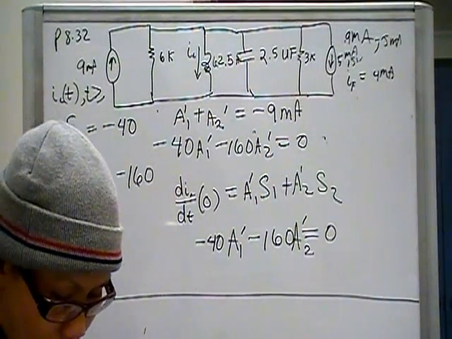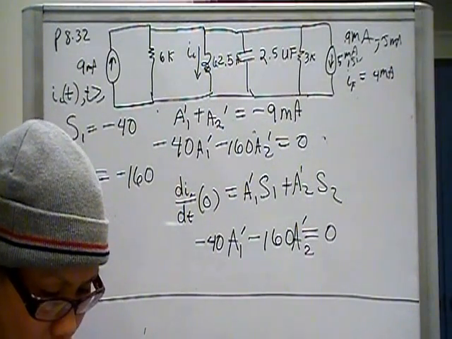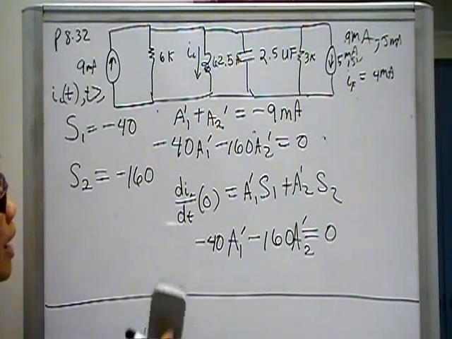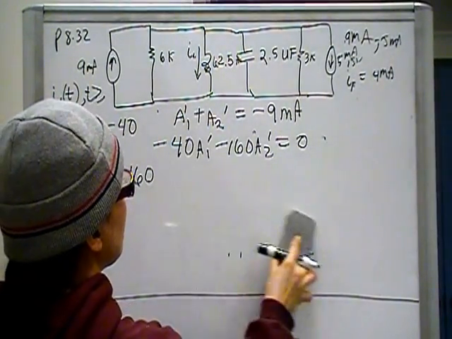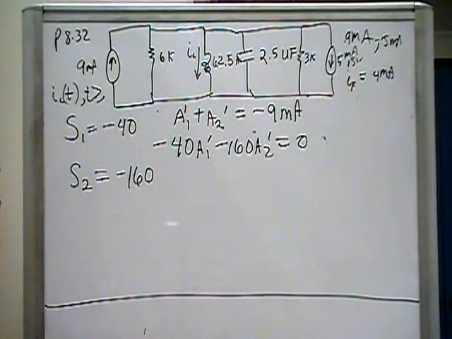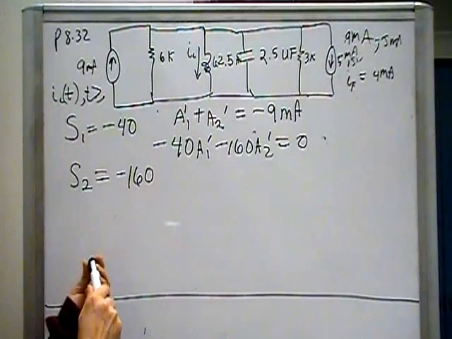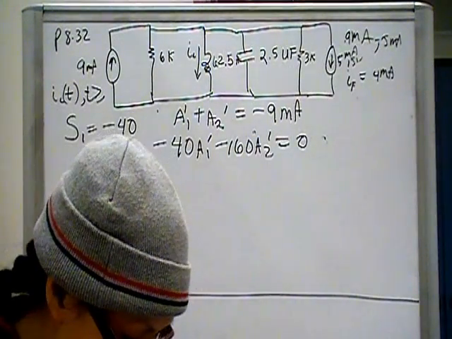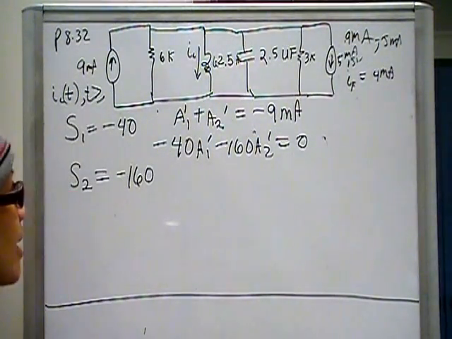I claim that, well, you know what? I don't have to claim that. We can solve that. So let's do that the old school way, keeping that up there. The old school way is by adding.